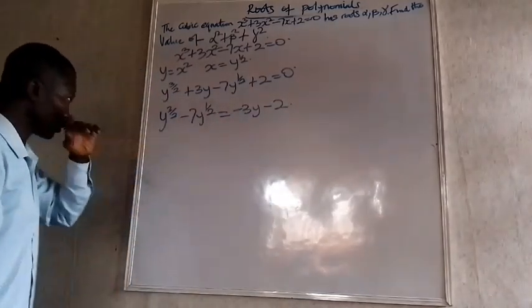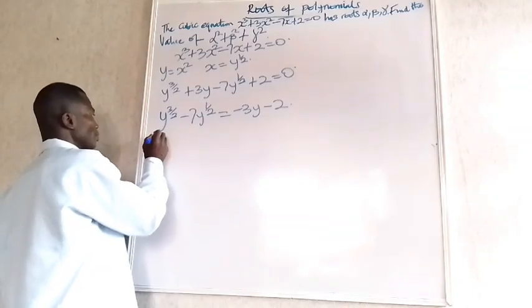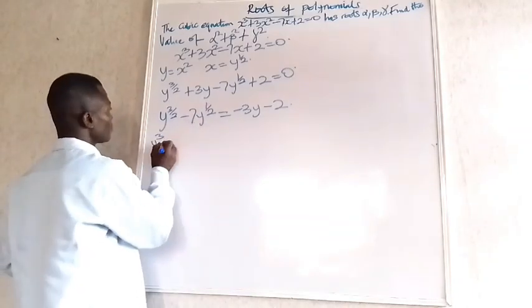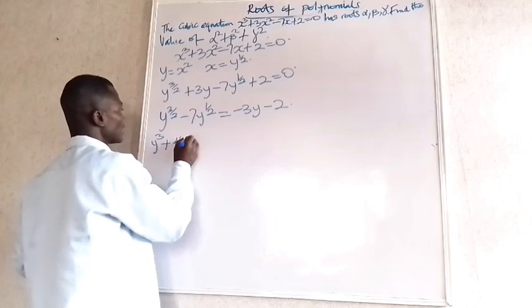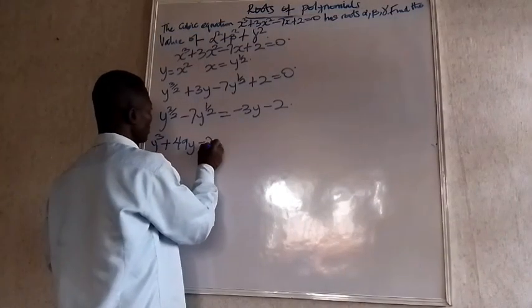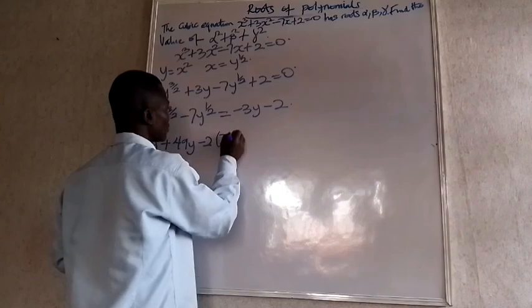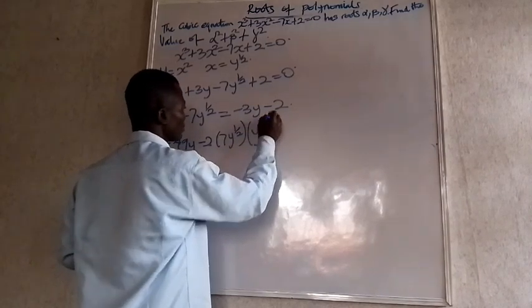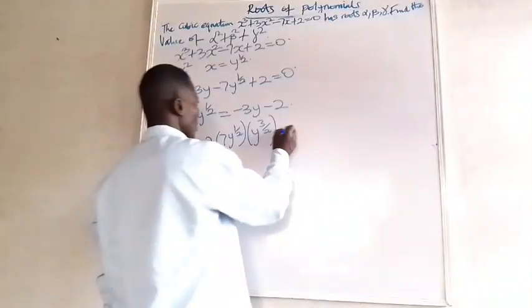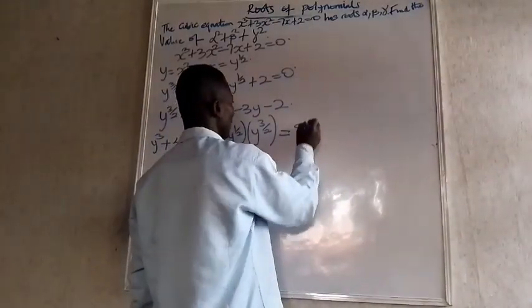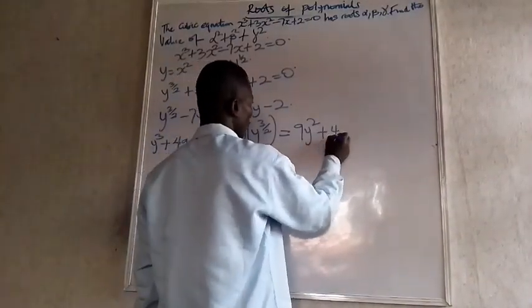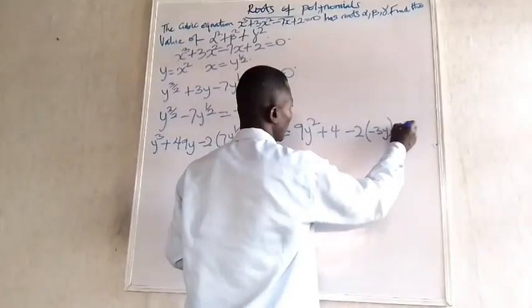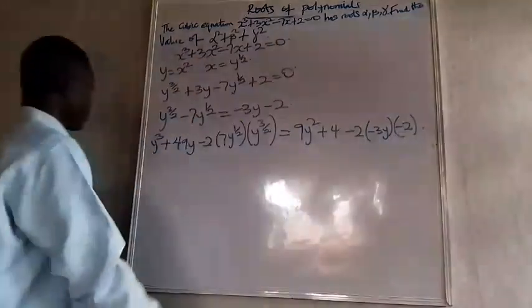Let's square throughout. So this is going to give us y cubed plus 49y minus 2 into 7y raised to the power half into y raised to the power 3 over 2, which is equal to 9y squared plus 4 minus 2 into minus 3y into minus 2.